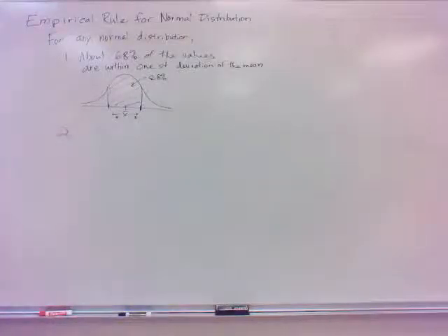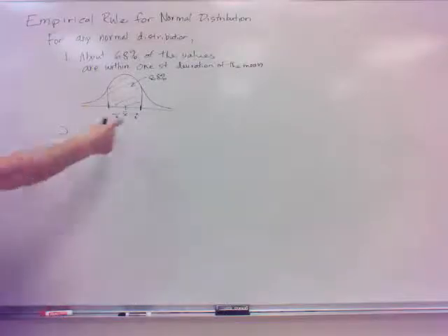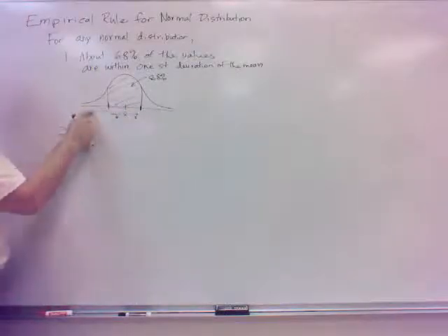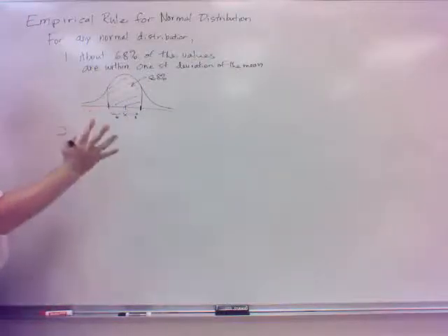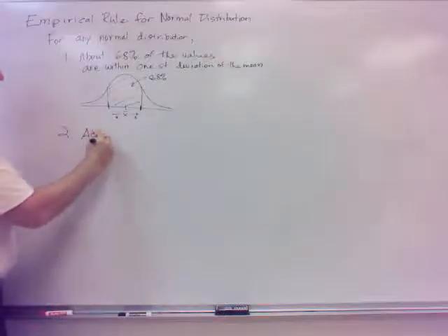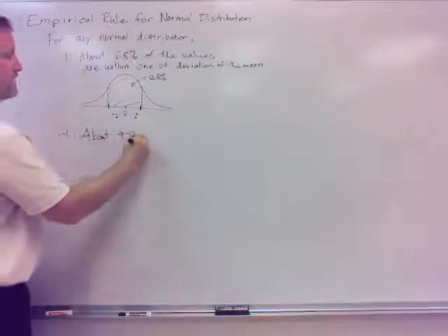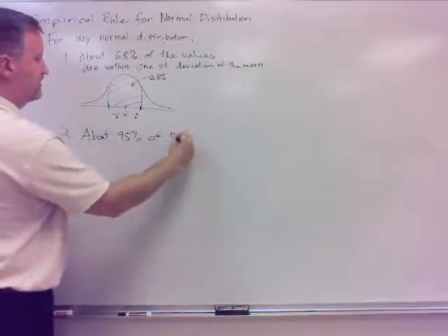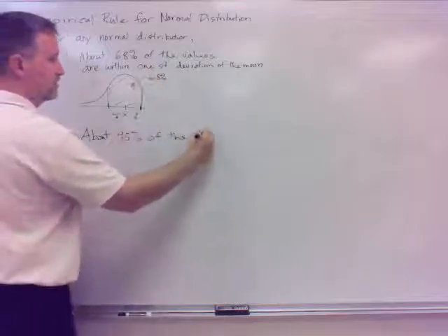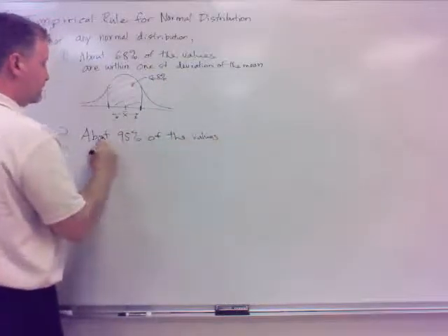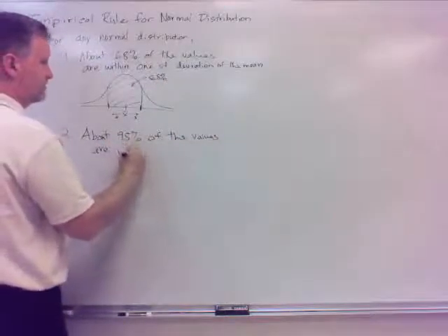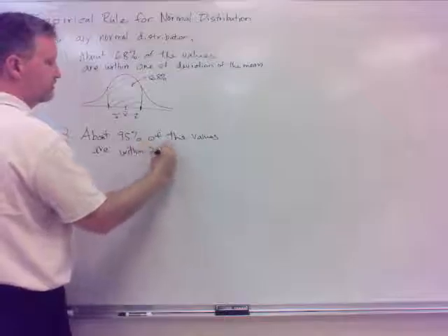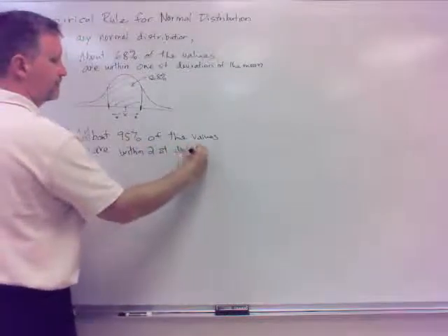Now if I go two standard deviations, so another one out and another one back, that's 95%. About 95% of the values within a normal distribution are within two standard deviations of the mean.